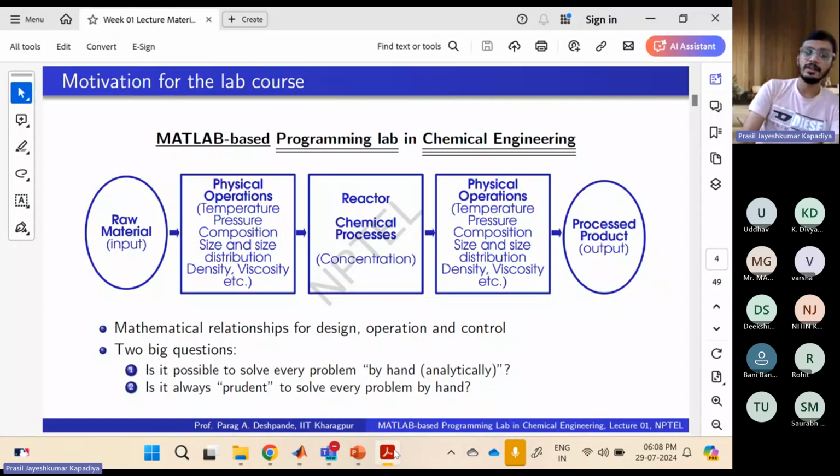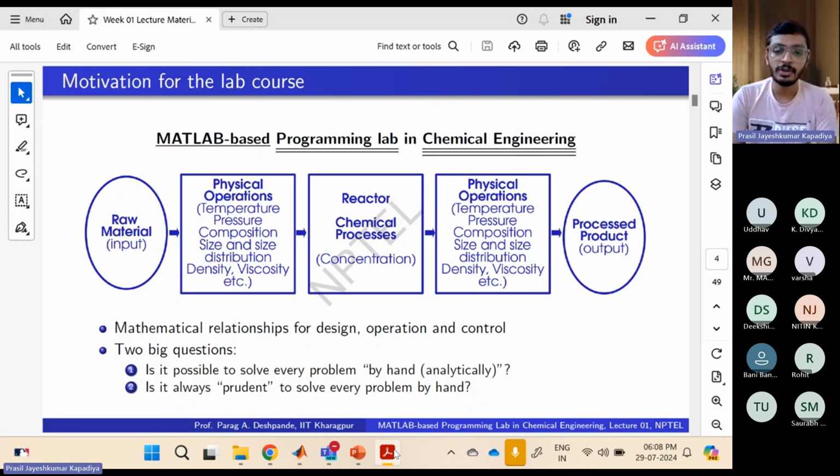Before starting today's MATLAB session, let's quickly go through the first slide that was taught by sir. That is the basis of any chemical engineering when you are in second or third year, where you are introduced to core chemical engineering courses.